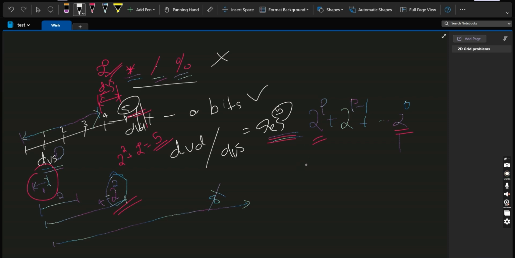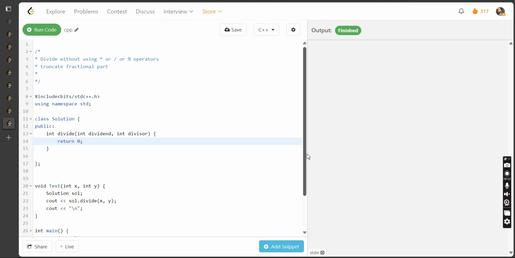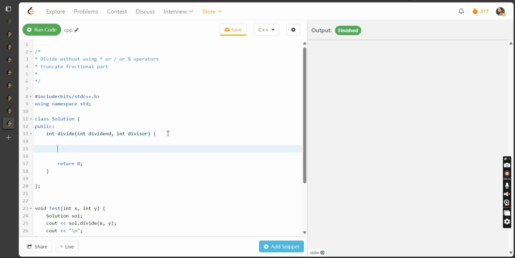So let me give you a gist of how to program it. So you have your dividend and you have your divisor. You have to divide it. So first we will convert dividend and divisor into a positive number so that the operations will be easier to do.